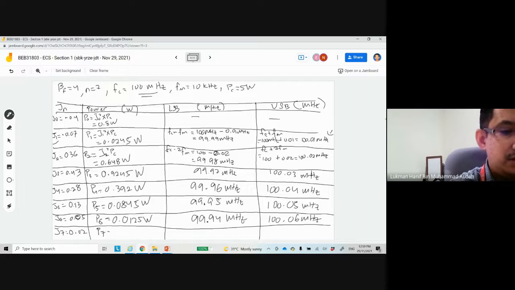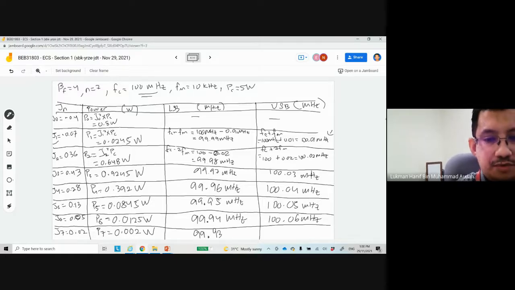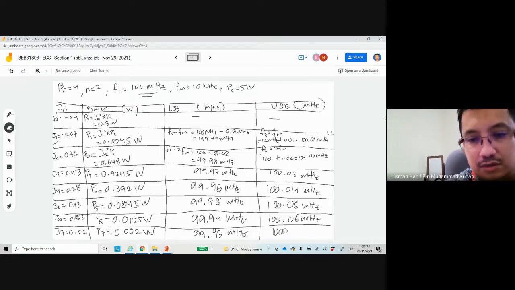P7, you will get this one is 0.002 watt. Boleh cuba guna calculator. So here is 99.93 megahertz. Here is 100.07 megahertz.